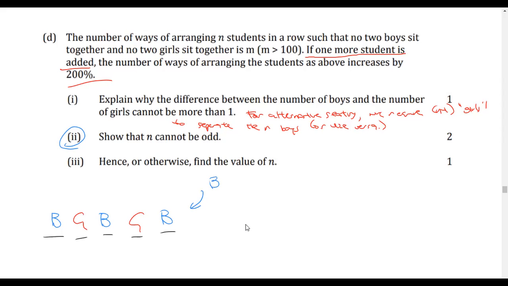If we add another boy, then it's impossible, because now you're going to have 4 boys, 2 girls, and it won't work for the reasons we outlined. Now, it's very possible for us to add another girl. That's not a problem. You can just add another girl, on the end or over here. So we could add a girl.